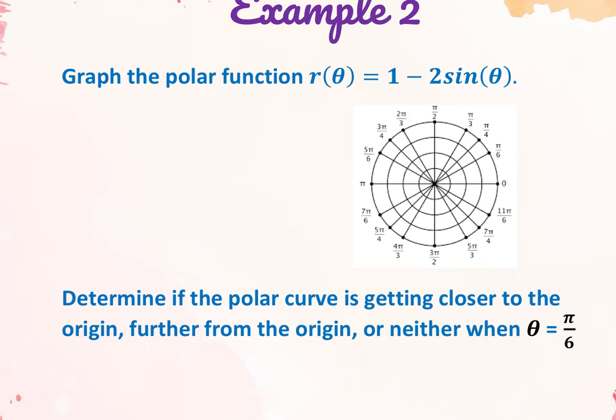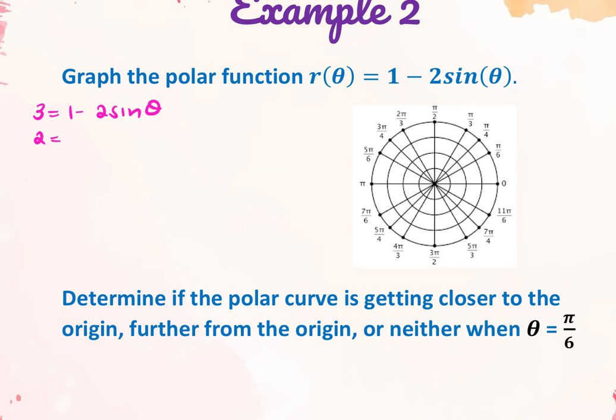What kind of symmetry does it have? Pi over 2. So I'm going to plot some points for my first quadrant and then flip it over. And we're going to use the trick that we talked about yesterday with our R. What's the biggest R? 3. 1 plus 2, right? We add the A and the B. So if I want to find where that happens, I'm going to say 3 equals 1 minus 2 times sine of theta.